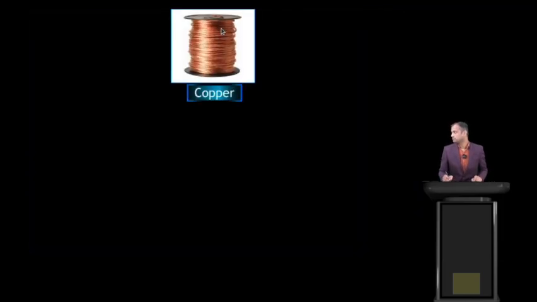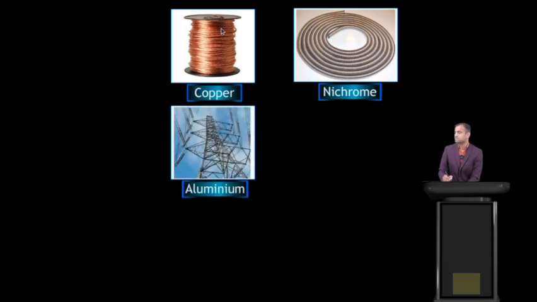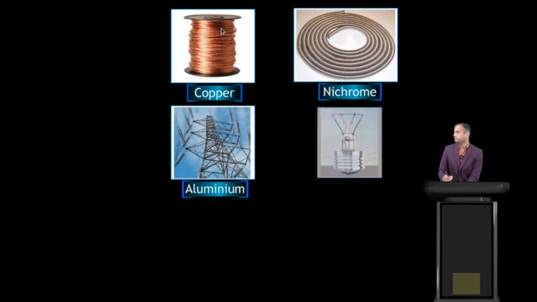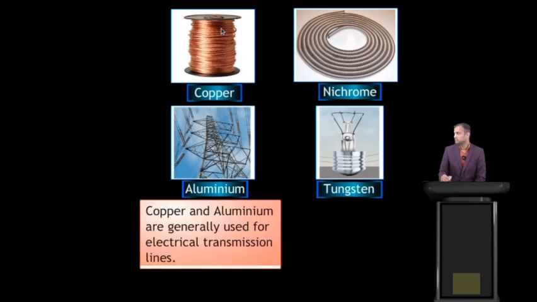So again we have some metals, these are conducting metals: copper, then we have nichrome, aluminium, and again tungsten. So these are different kinds of metals, they have different properties in terms of resistance. Copper and aluminium are generally used for electrical transmission lines.